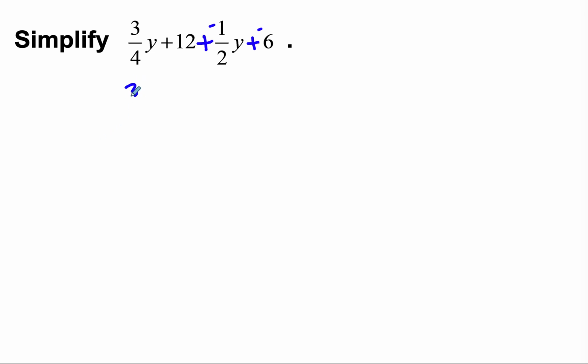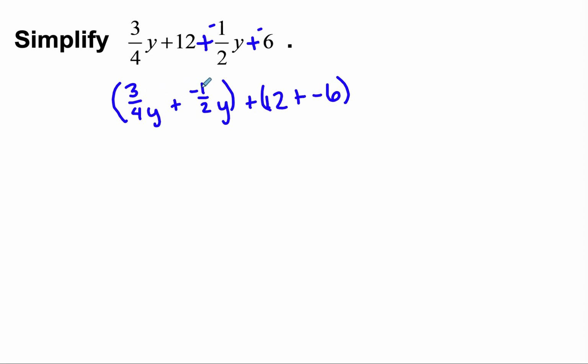Okay, so now I have 3/4 y plus -1/2 y plus 12 plus -6. So I use the commutative property here to rearrange them so that the like terms are together. And I'm going to go ahead and use the associative property as well to group them. That way it makes it really easy for me to see what I have to add.